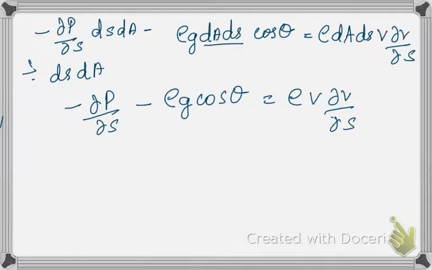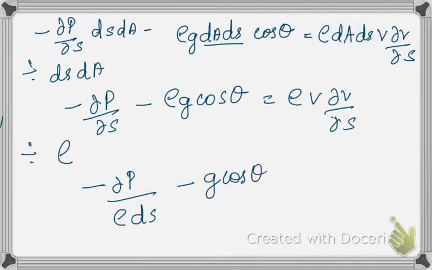What I am going to do is divide this by rho, the density. So minus ∂p/(rho ds) minus g cos theta is equal to v ∂v/∂s. So I am bringing all this equation to one side.